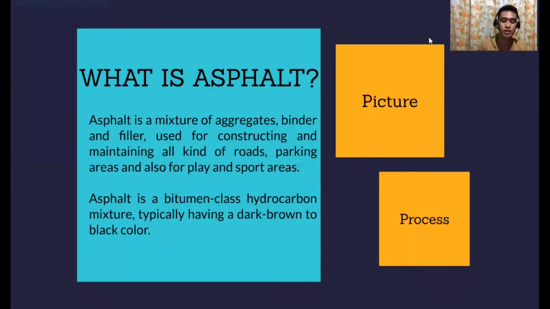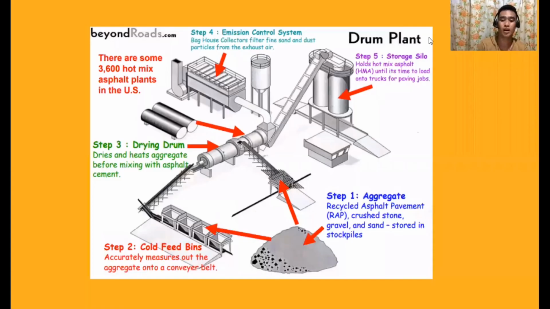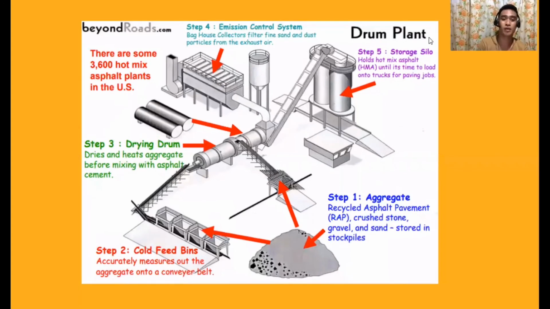Okay, so next is the process of making one type of asphalt, which is the hot mix asphalt or the top surface asphalt. First, the aggregates are stored in stockpiles and then put into cold feed bins and then dried and heated before mixing with the asphalt cement.